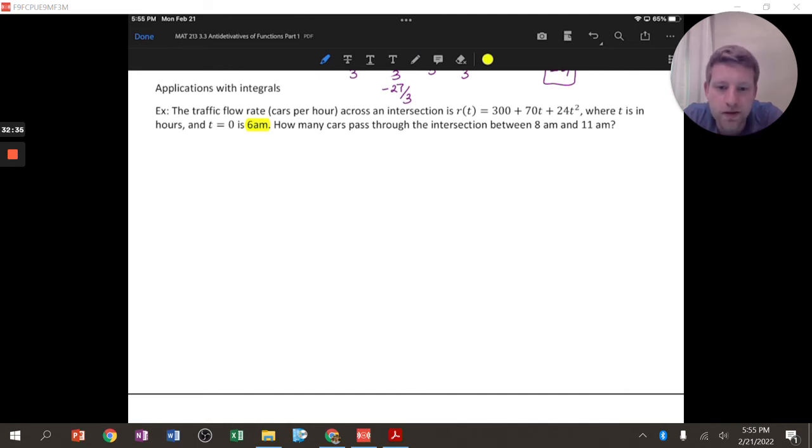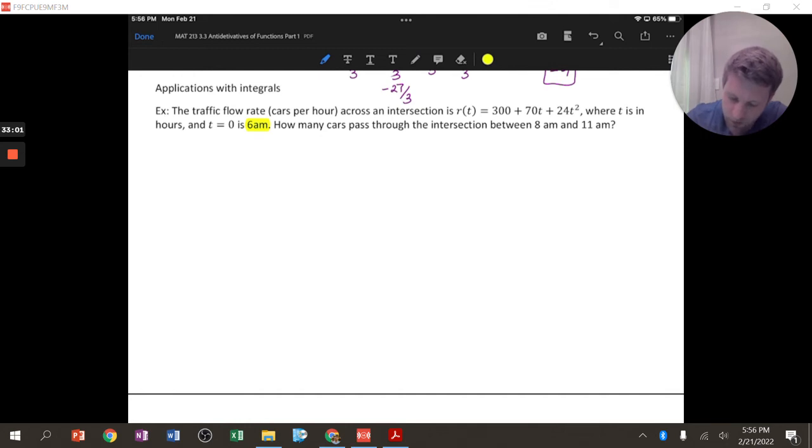So let's go ahead and consider how we would find total cars here passing through the intersection. This is very similar to when we have a rate function for, say, a runner or a car, and we want to know the total distance. This is measuring how many are passing through this intersection at this rate over this time period. And we can walk this through an integral.